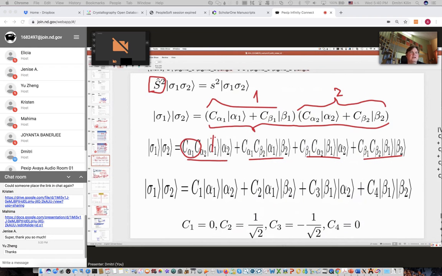The last term is the probability that both spins are oriented down. And the cross terms: the probability that the first spin is oriented up and the second spin is oriented down, and here the probability that the first spin is oriented down and the second is up.